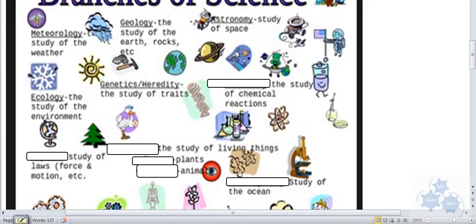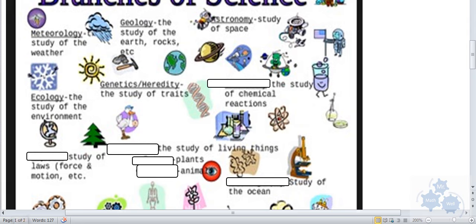Close. Genetics or heredity. Genealogy is like your ancestry, right? It's the people that kind of made you. So yes, gene is the root of genealogy, but the branch of science is called genetics. And heredity you can put there, the traits that you inherit. So genetics would be the big one.